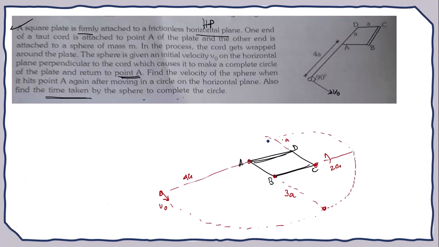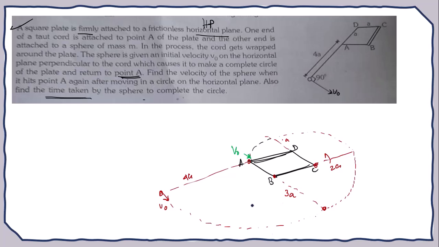Finally it will reach this point. Since the entire thing is happening in a horizontal frame of reference, there is no friction in the plate, and ultimately the ball will hit this in this direction with the velocity of v naught. Now you are asked to calculate the time.